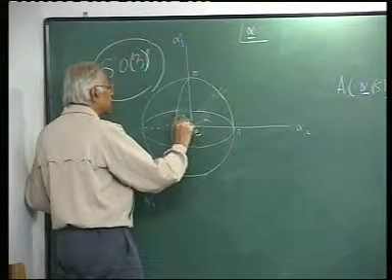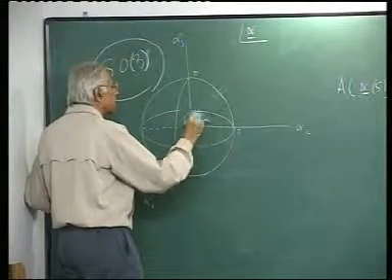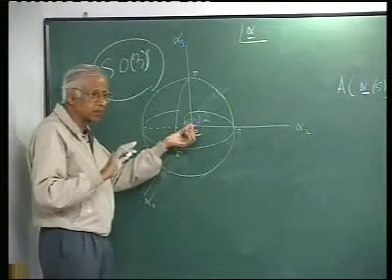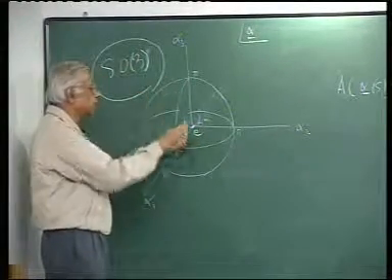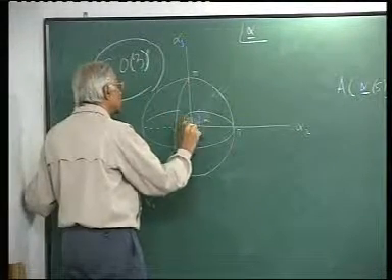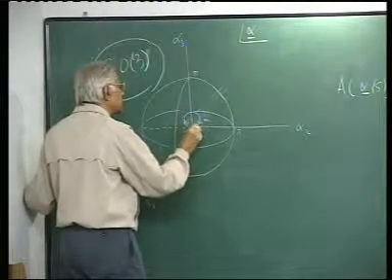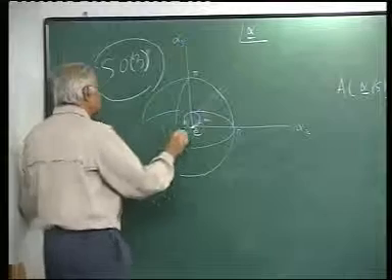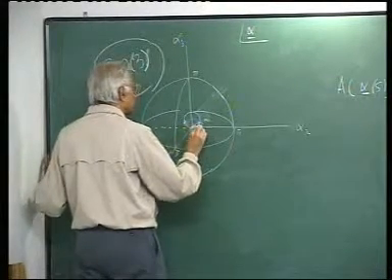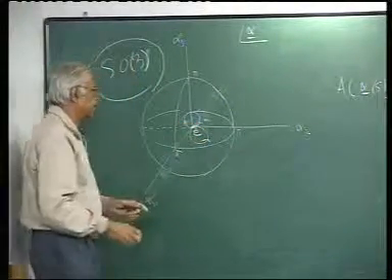Suppose I take one closed loop like this. Start at the identity. We are not talking of subgroups. We are only exploring the topological properties of the group manifold. You consider this loop. Start at the identity, move continuously, come back to identity. So that's a closed loop. Now I imagine another loop like this. Go like this, come back.